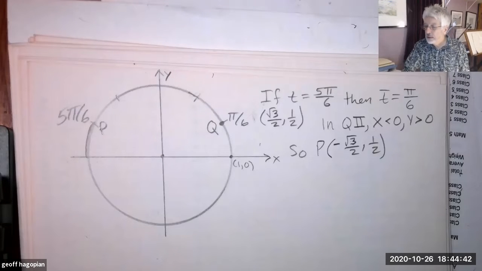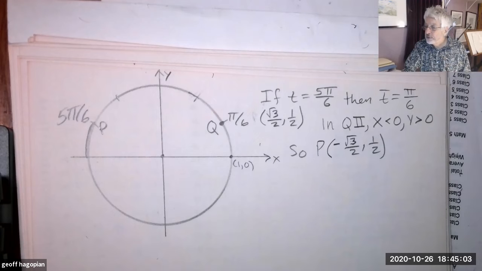Yeah, okay. Well, maybe it is visible now. I don't know. No, I guess it's not. Yeah, I'm trying to point at that 5 pi over 6, but okay.